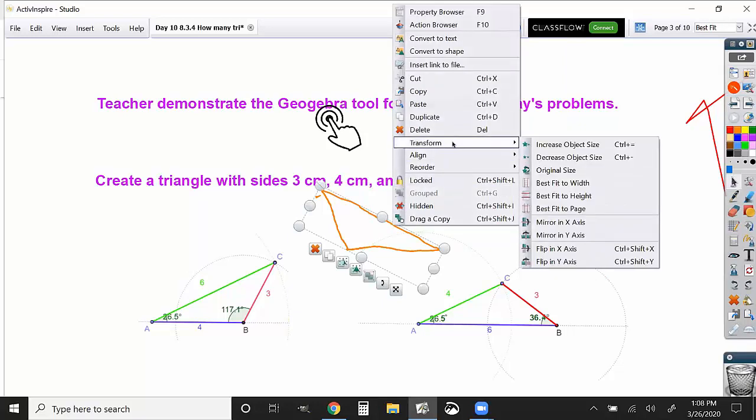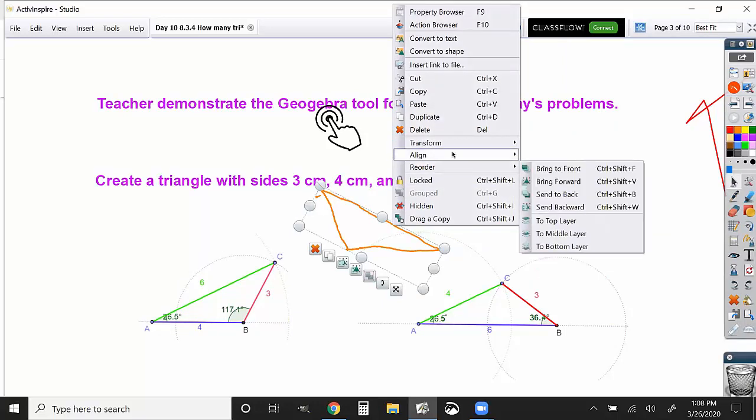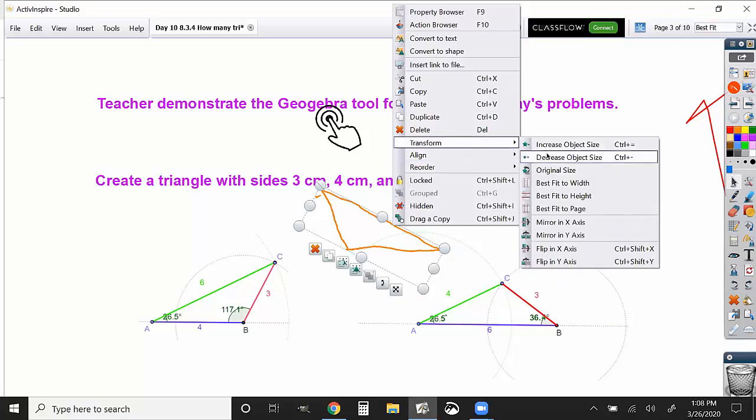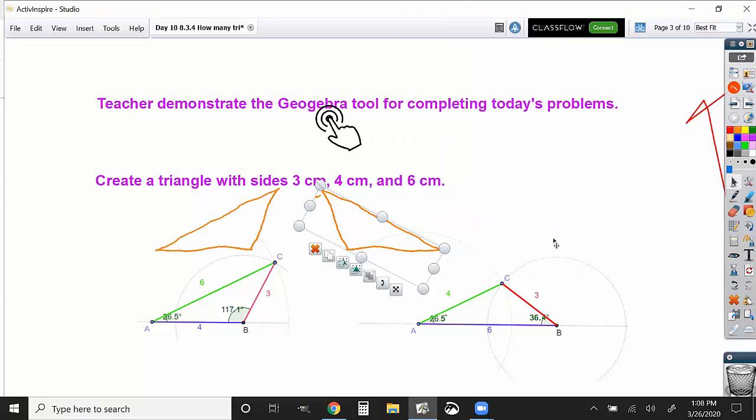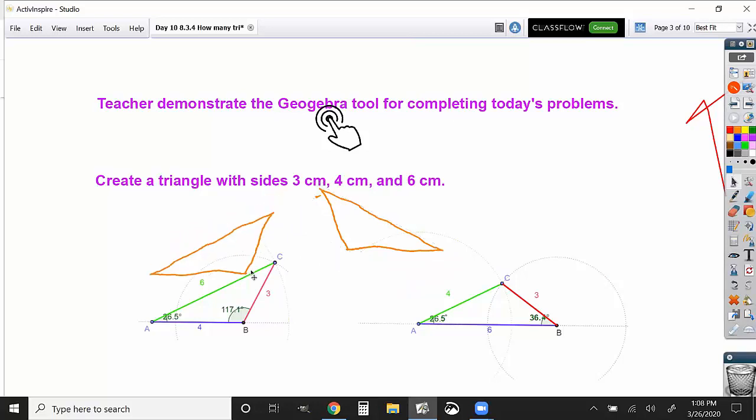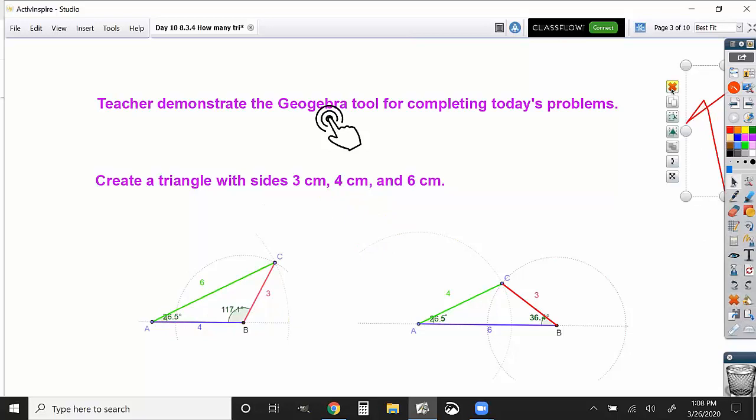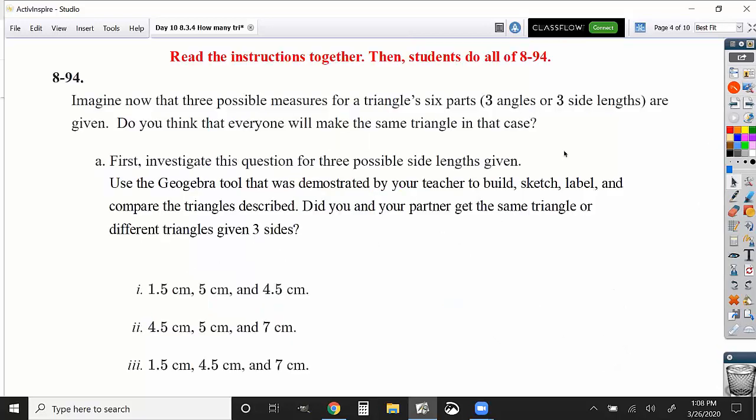Let's transform that, reflect it in the y-axis. Now you can see that these two triangles are identical. So, the best I can draw it, of course. Now, that means that everything we're doing here, that if we use 3 sides, we get the same exact triangle.